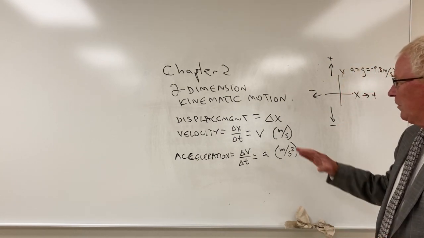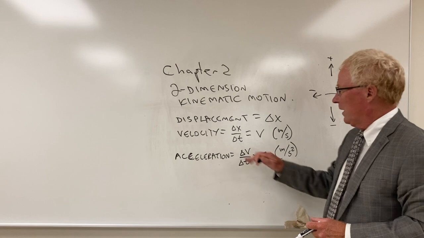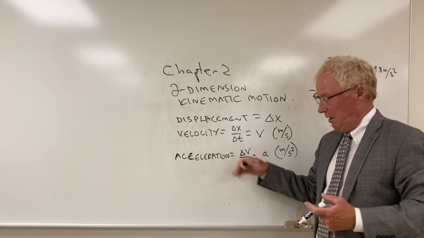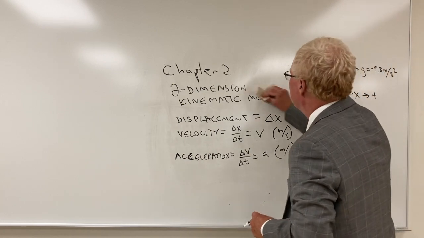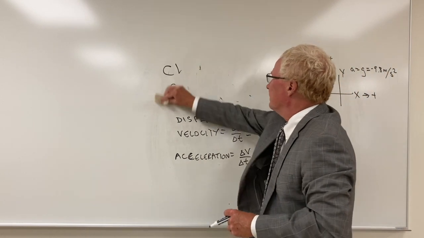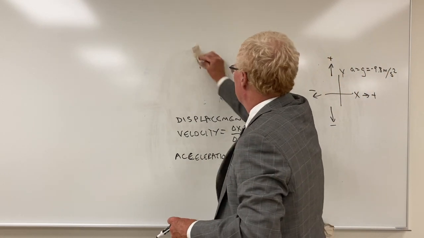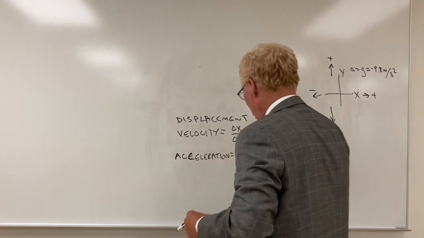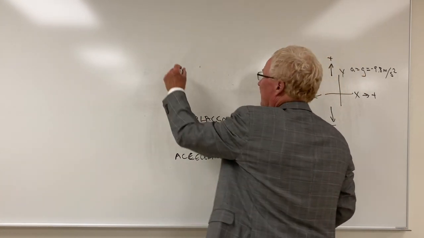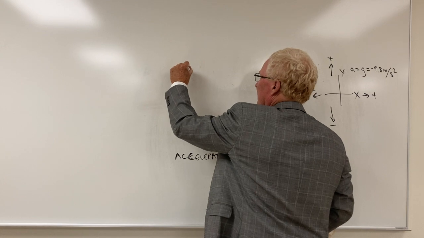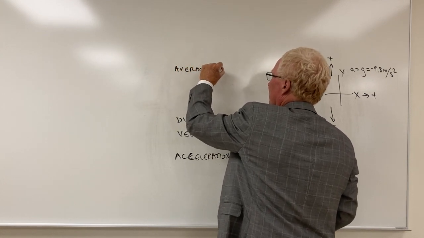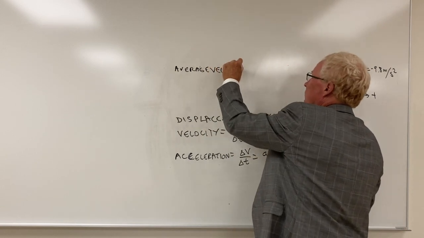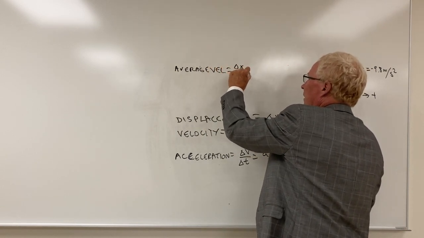Now when we talk about velocity, it could be at a given moment, or generally defined velocity is average velocity, which is change in x over change in time.